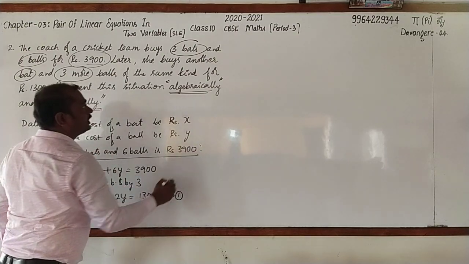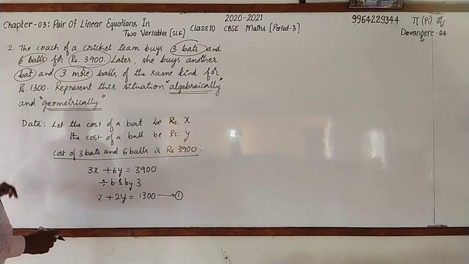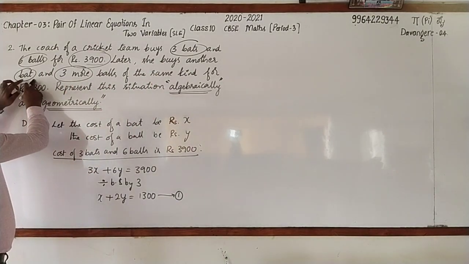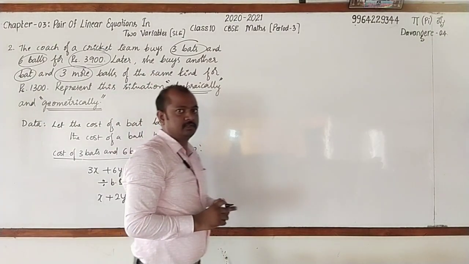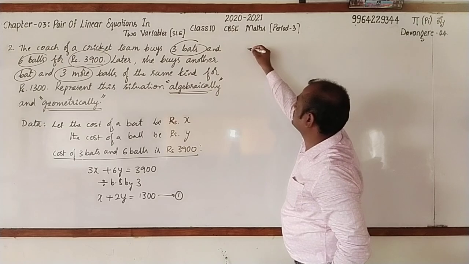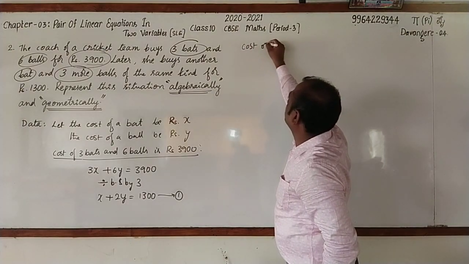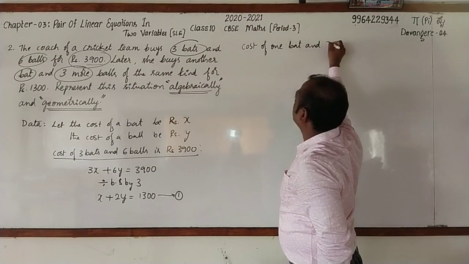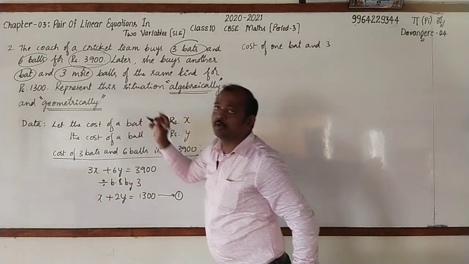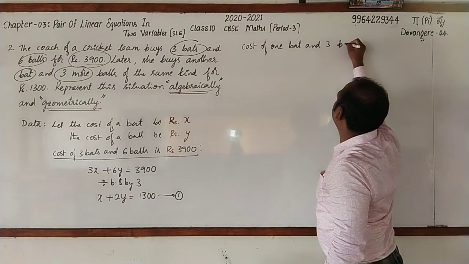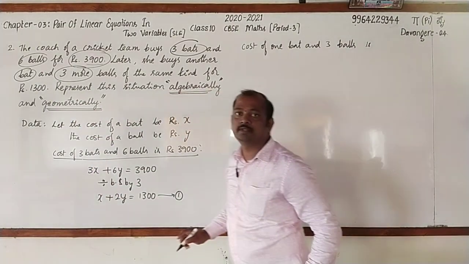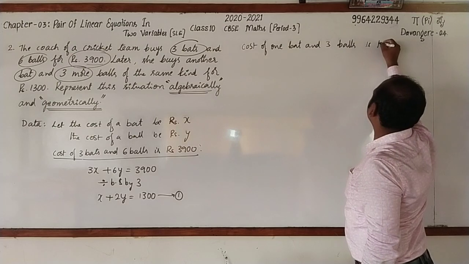Now let us take the next situation. Later she buys another bat and 3 more balls. That is the cost of 1 bat and 3 balls. How much is it?